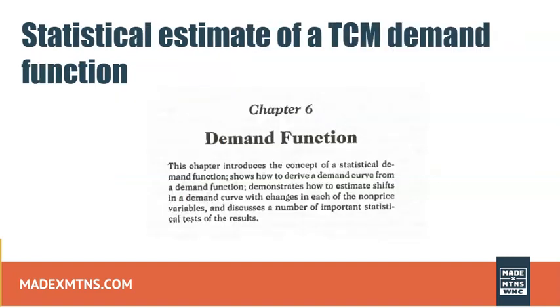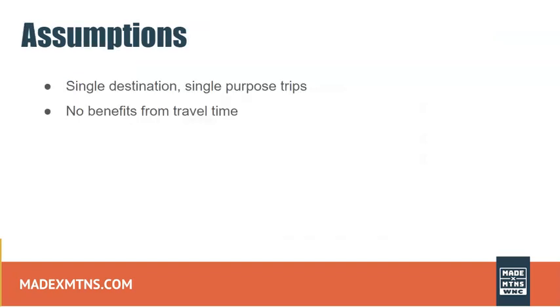Okay, and the statistical estimation of this demand curve is described in chapter 6. The PDF is available, and I will cover this in a bonus video after we plow through the basics of the economics of outdoor recreation. So it's not as easy as it sounds just to run this regression model.